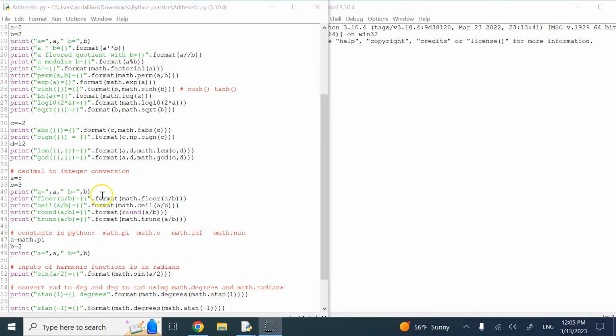I decided, for the completeness of this lecture, to add a few more functions. One of them is the absolute value function, which is math.fabs. Just wanted to tell you it's not math.abs, it's fabs. The other one that you probably, if you use MATLAB, might be familiar with is the sign function, which returns basically a -1 if the number is negative, and if the number is positive, +1.